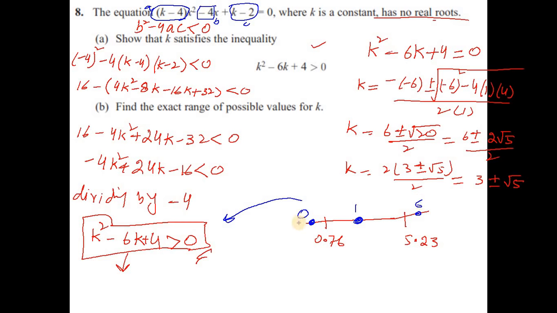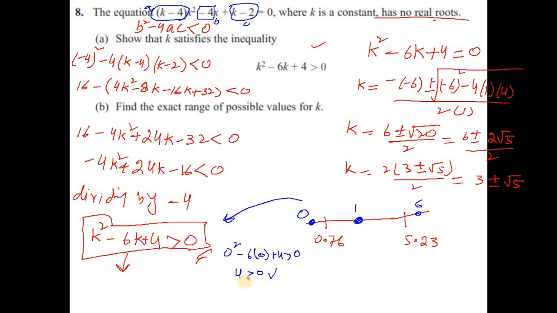So if you substitute k equal to 0 in this inequality, you just do 0 squared minus 6 times 0 plus 4, replacing k with my test point, and you can say that 4 is more than 0, which is true.